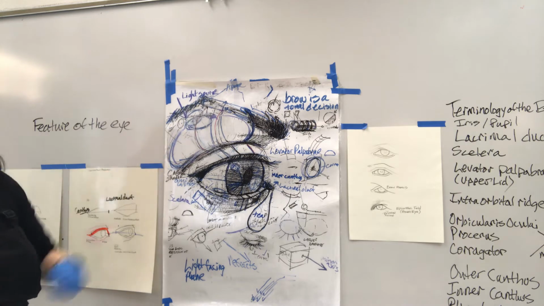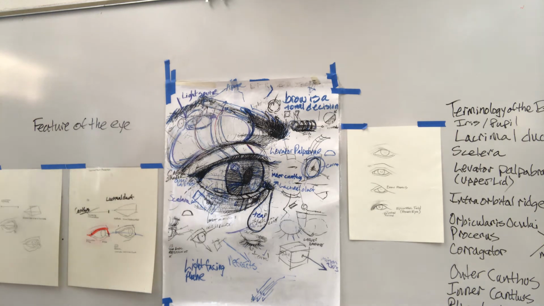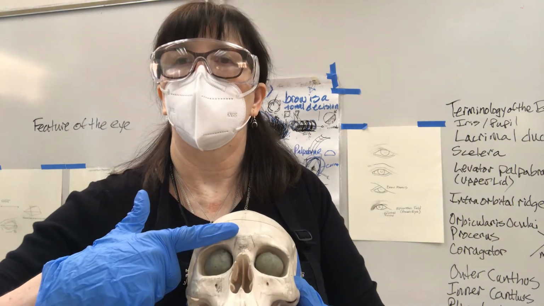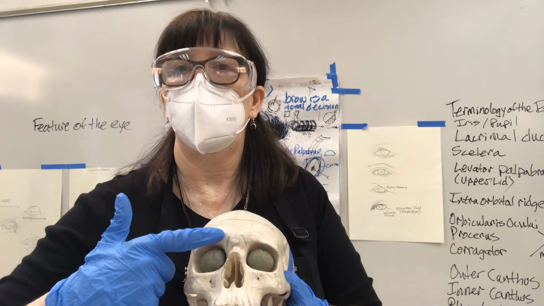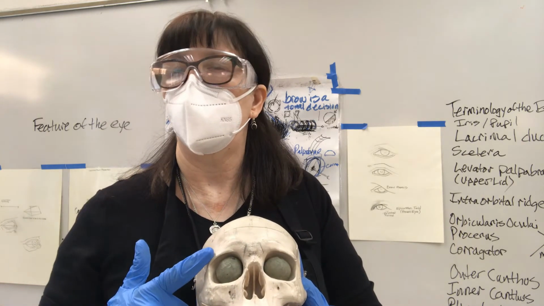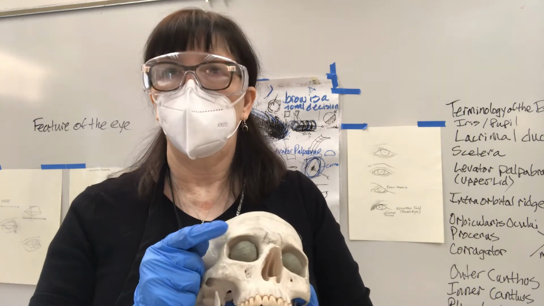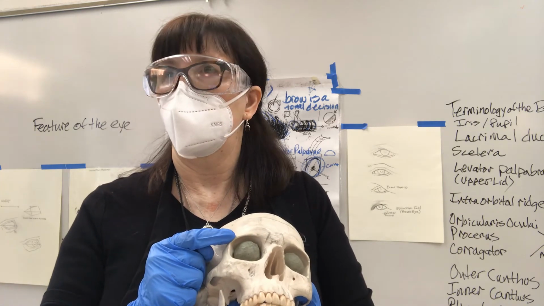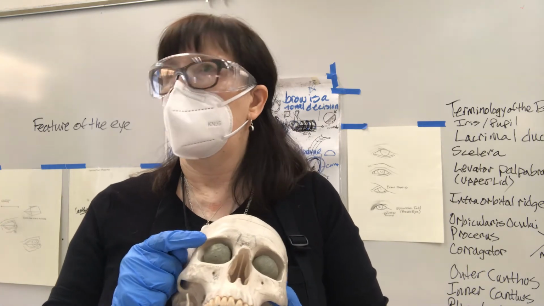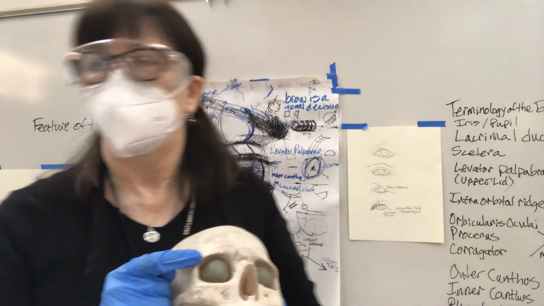Now where that turns is right on the skull itself. So here's our skull again. Here's the superciliar arch. Here's the sinus eminence. And that brow is wrapping around that. And the point that it stops is right here. Okay, so that's where the plane change is. And look for it when you're looking on your model.